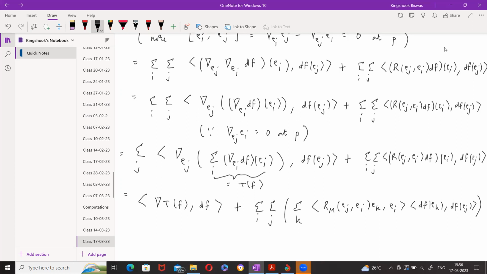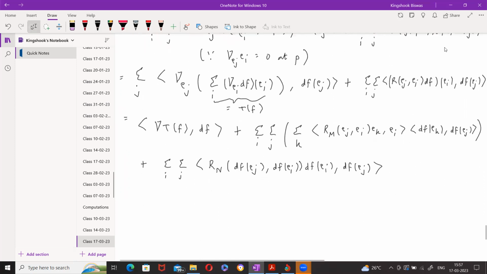So that's one term. And then I have the sum over IJ, inner product Rn of DF EJ, DF EI acting on DF EI, the whole thing, the inner product DF EJ, right? Okay. So that's it. That more or less does it.